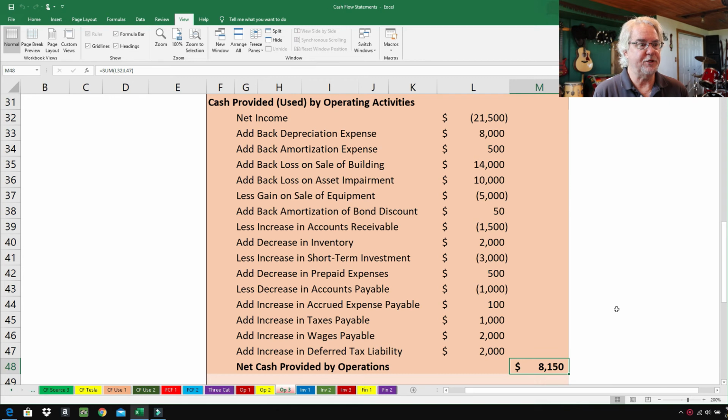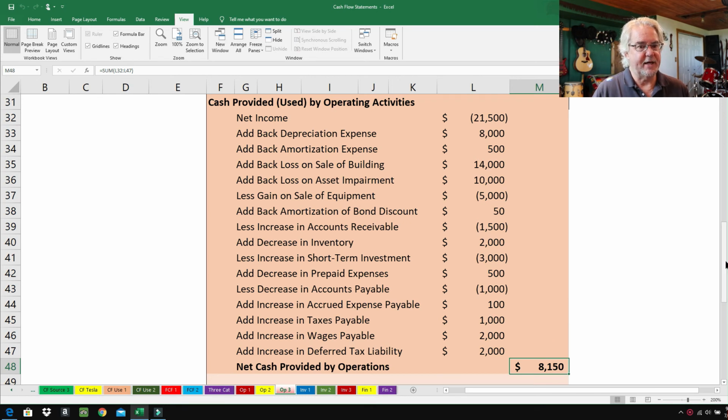So you want to look into it and find out, well, why is it positive? It's really great that it's positive, but why? And the reasons here are we have a lot of non-cash expenses. We also had losses on like the sale of building and loss on the asset impairment, and those are not good. So cash flow from operations here, even though it's positive, it's not really as good as you would think.